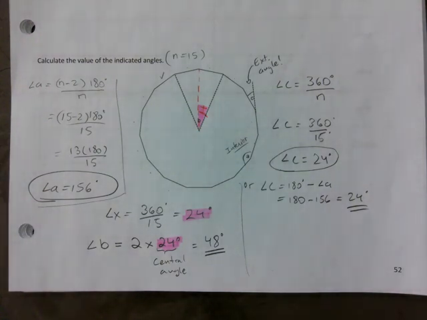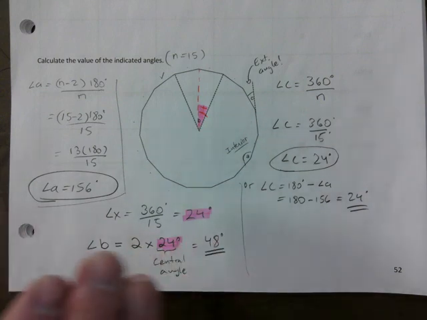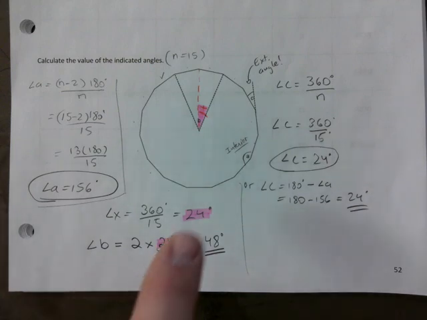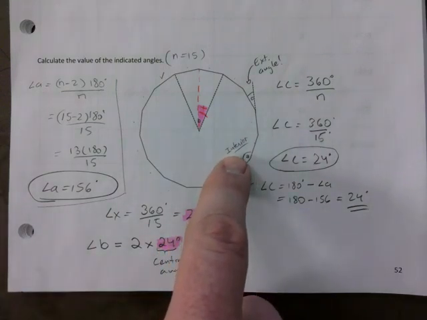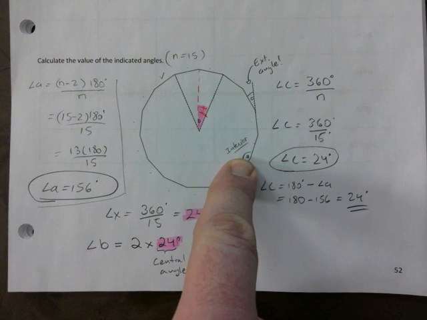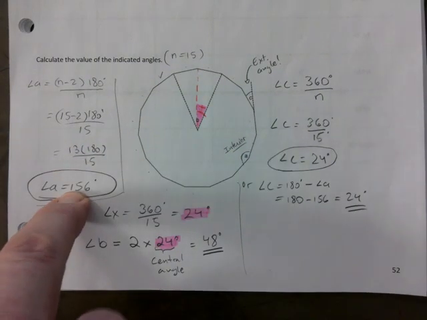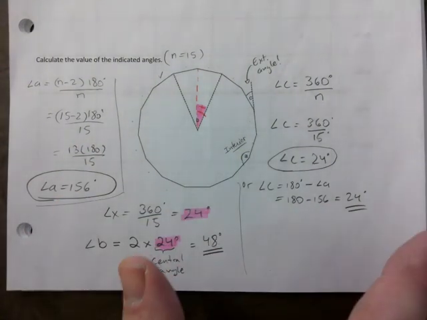Okay. Good. So this was just taking it a little further where they're not going to tell you necessarily, hey, find the interior angle. They'll say find A. Well, you know it's an interior angle. Boom. So there we go.